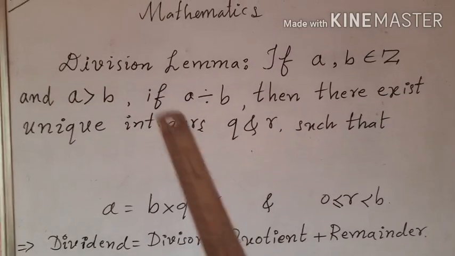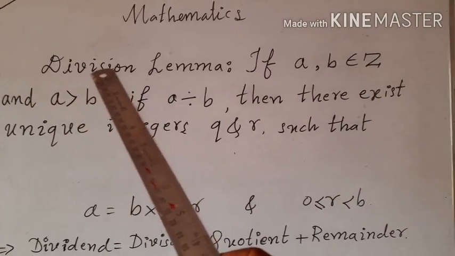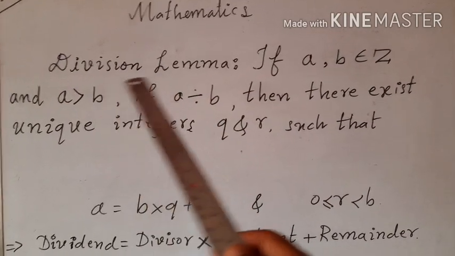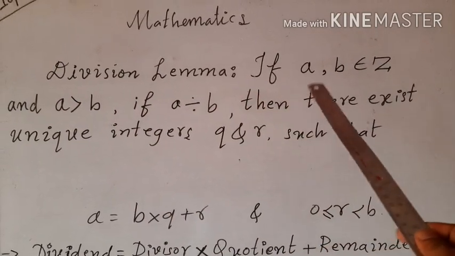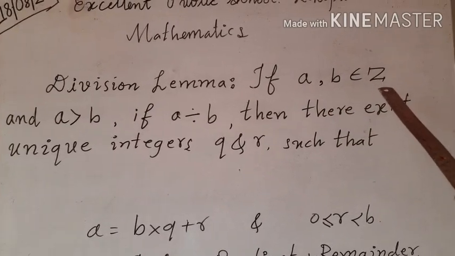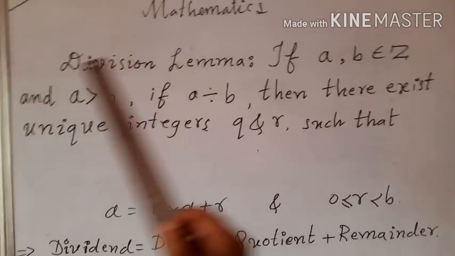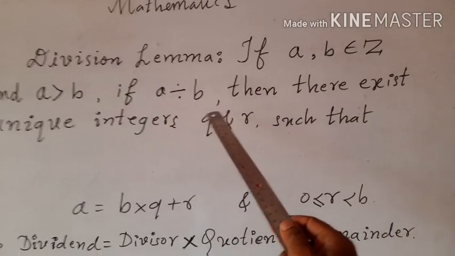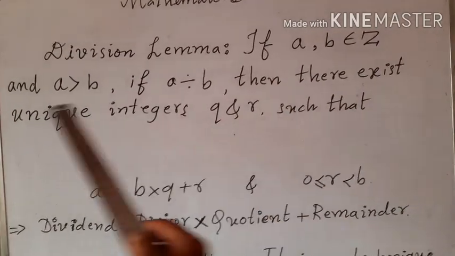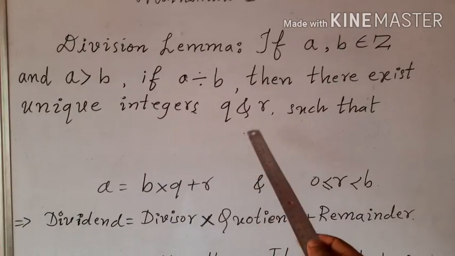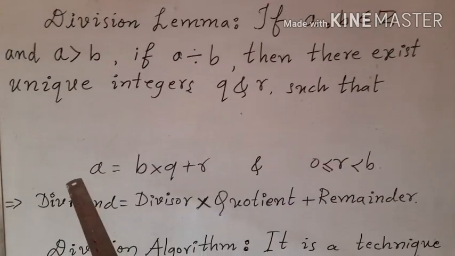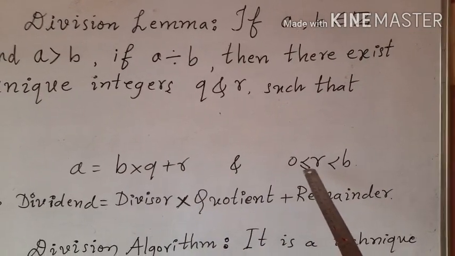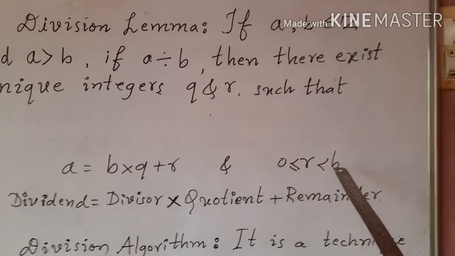But when you come to higher classes like 9th standard and 10th standard, you should define division lemma like this. If a and b are two integers, and a is greater than b, if a is divided by b, then there exist unique integers q and r such that a is equal to b into q plus r, and r is greater than or equal to 0 but less than b.